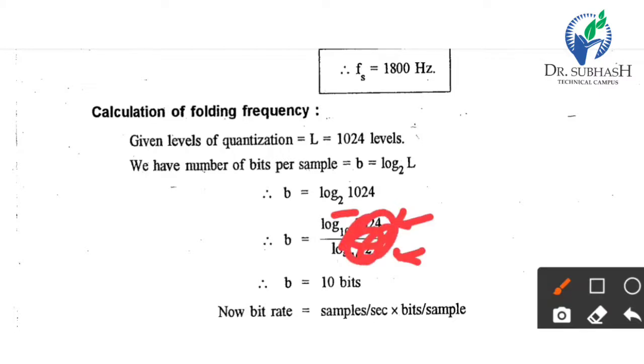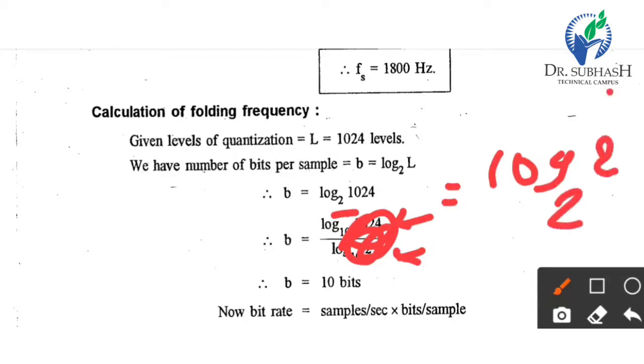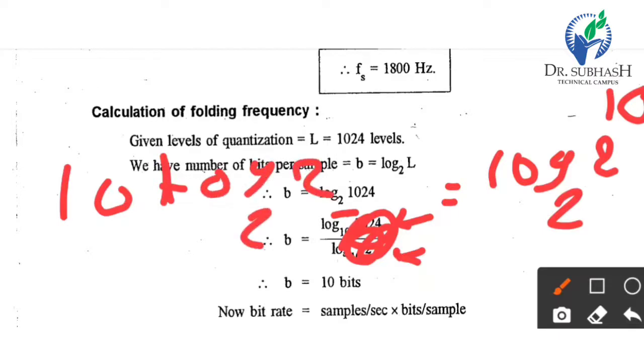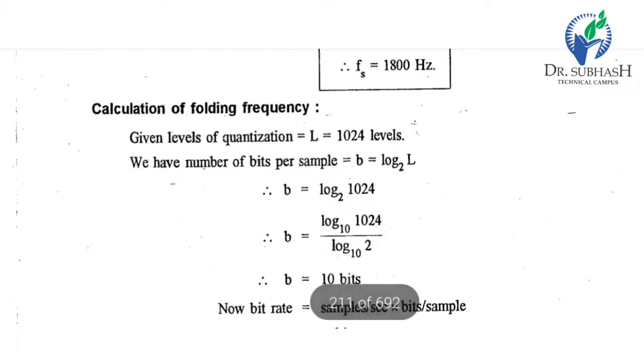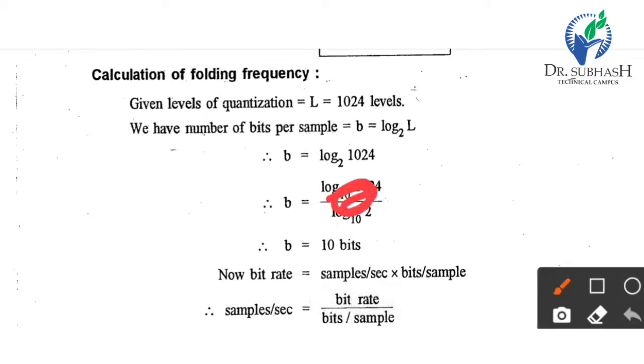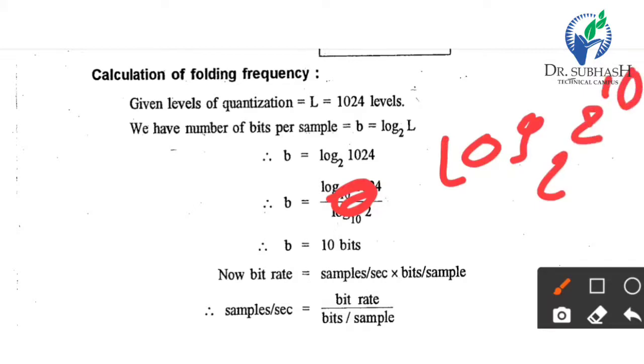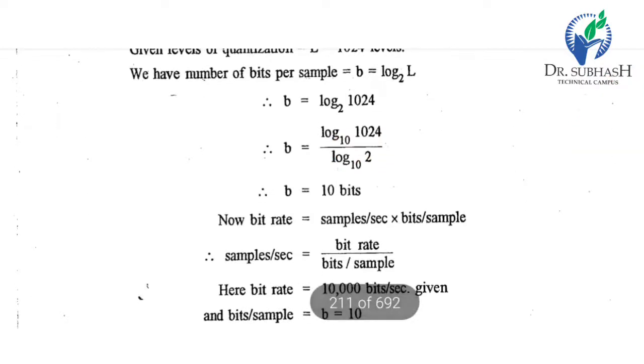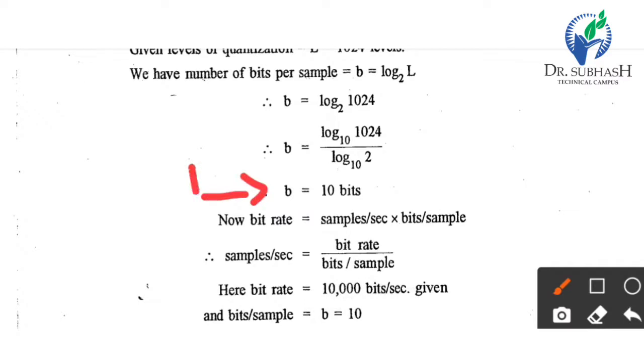We can write 1024 as 2 raised to 10, and the 10 will come in front. So log 2 base 2 equal to 1, and 10 will be in front of the log. So we get B equal to 10 bits.